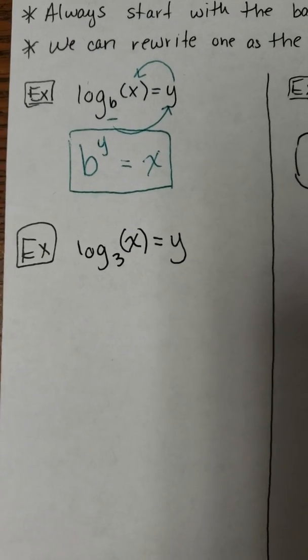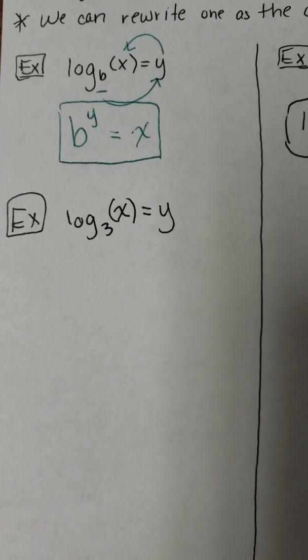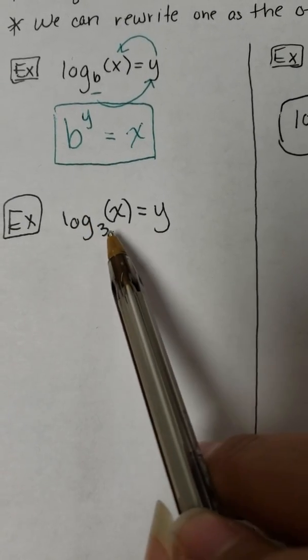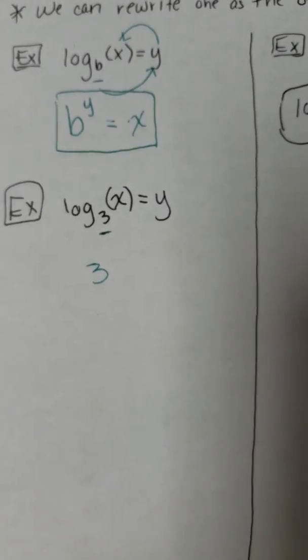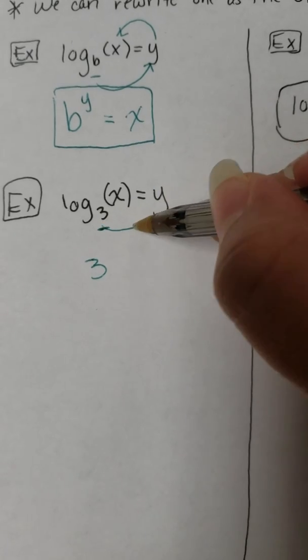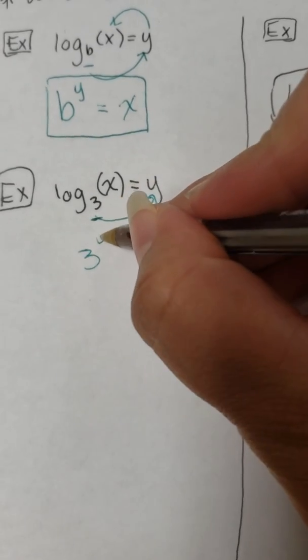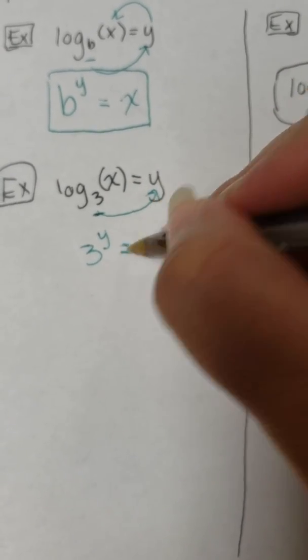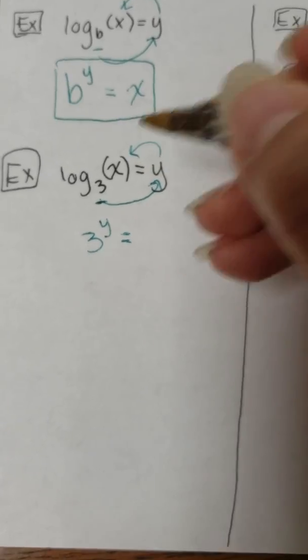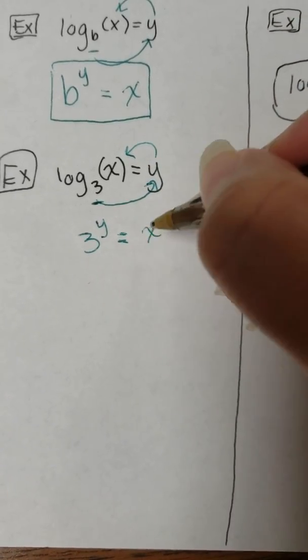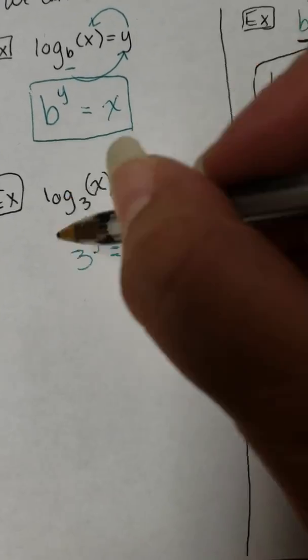Okay, so if I want to rewrite this one as an exponential, again, you start with the base, so with that 3, so 3, okay, we come around, so to the power of y, and we come around, is equal to x. And that's it.